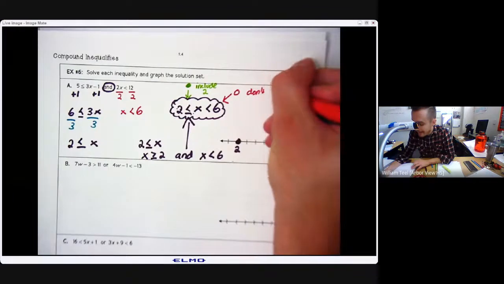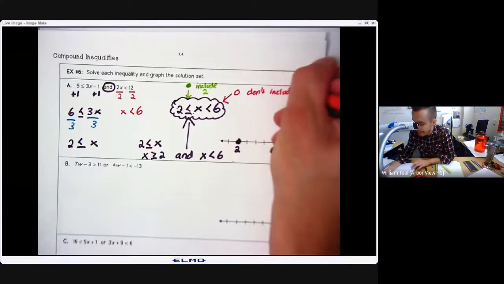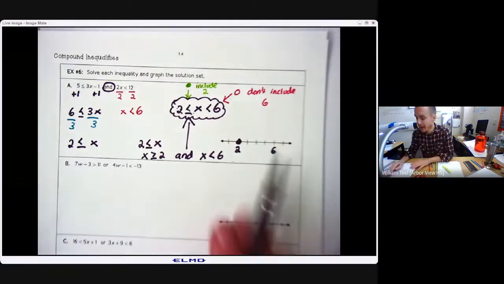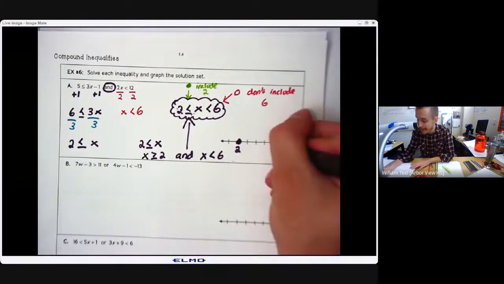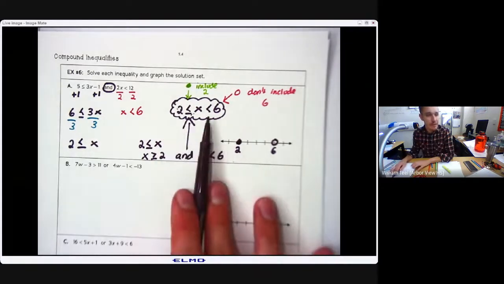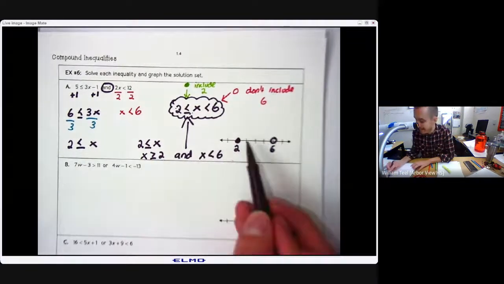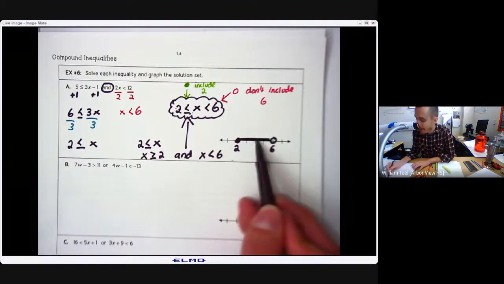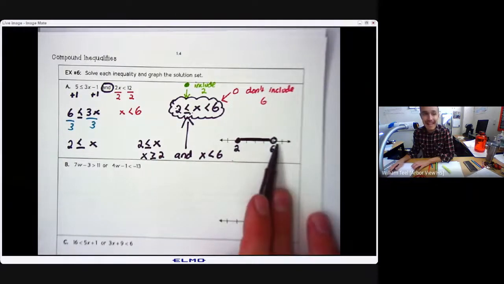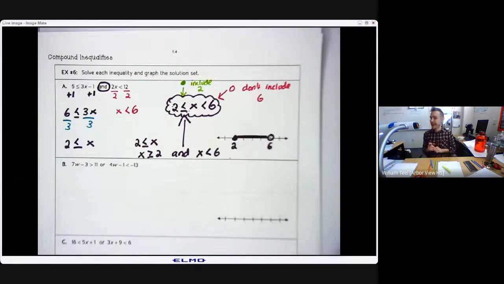Don't include 6. All right, so if there's no line underneath, we're not including it. So we're going to put an open dot at 6. Now, since x can lie in between those two values, here's how we're going to graph this. That variable can have any value in between 2, including 2, and 6, but we're not including 6. So that is how you would graph an inequality that is compound.